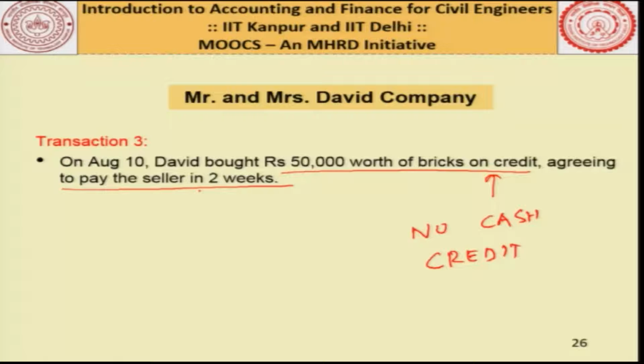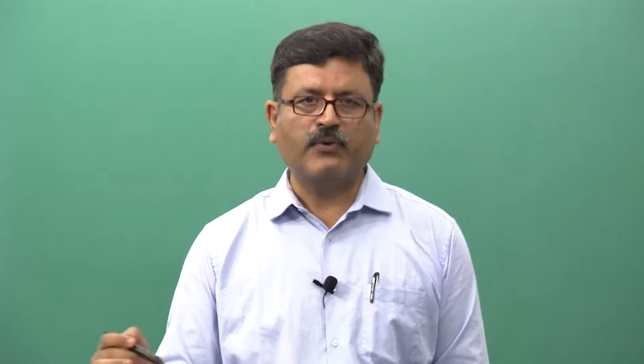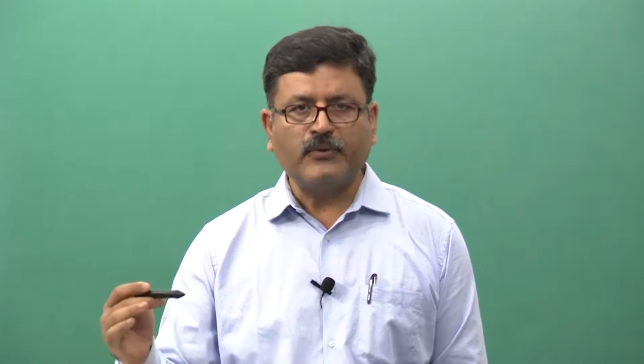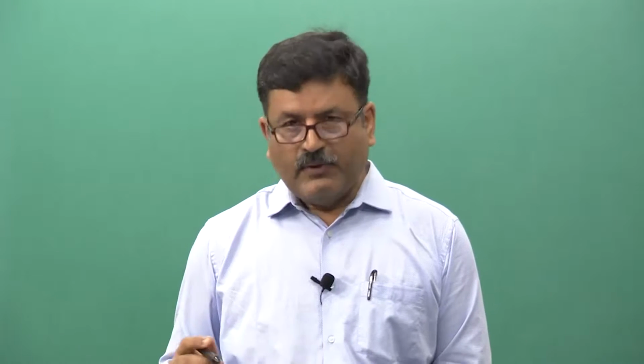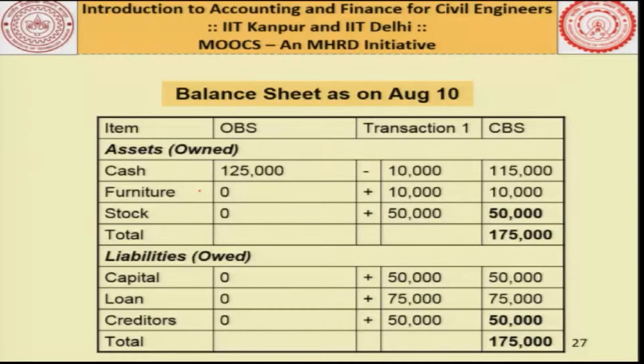First, I will tell you how to prepare the balance sheet. So, what is the asset? You will find cash there is no change, furniture there is no change, but you added another stock of bricks worth 50,000. When it comes to the liability, I will show you how it changes. So, let us see.